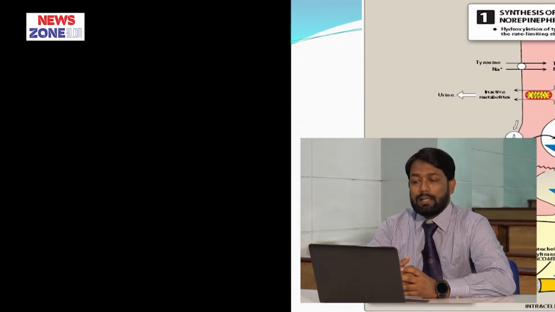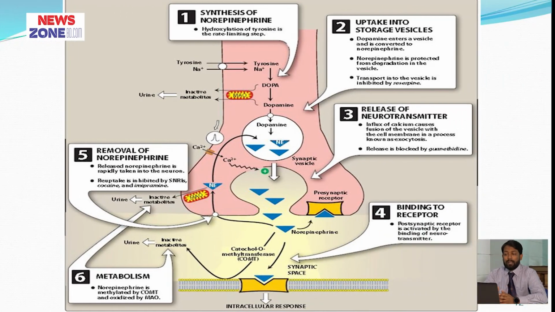The next slide is a figure showing the synthesis and fate of adrenaline as well as other sympathomimetic drugs, and this figure is taken from your textbook Lippincott's Illustrated Reviews of Pharmacology, 5th edition.